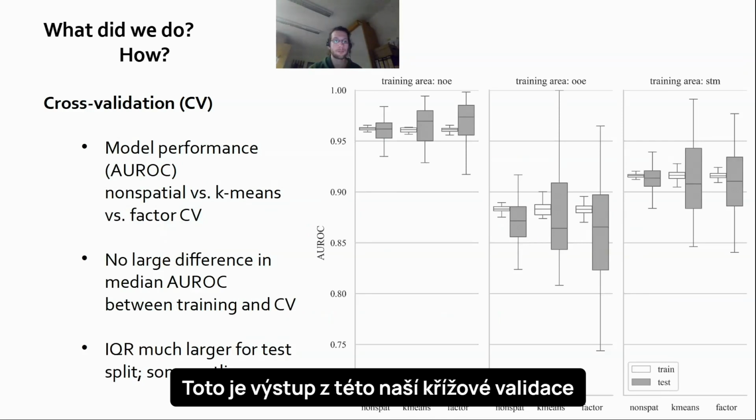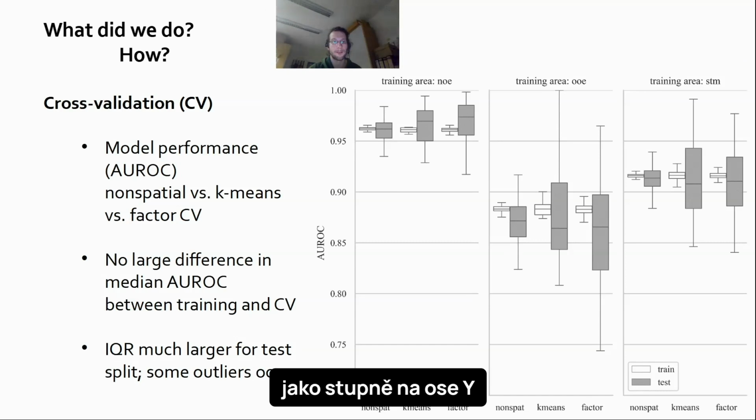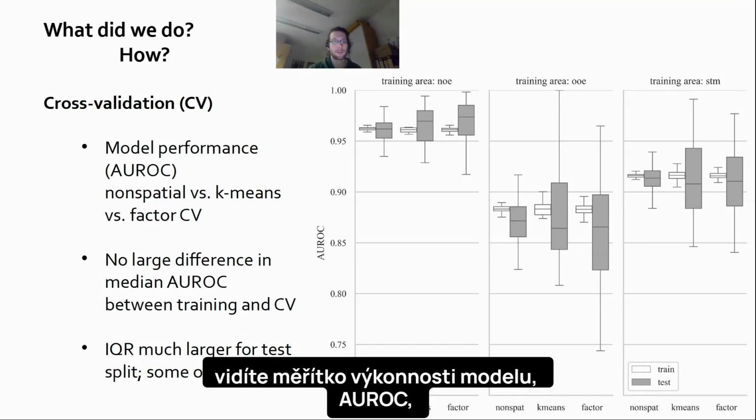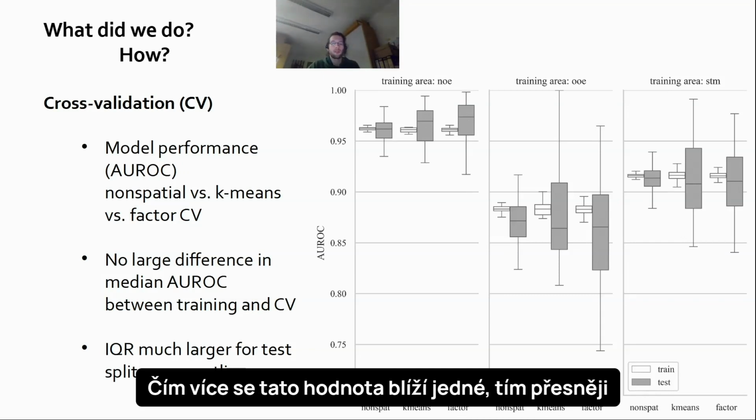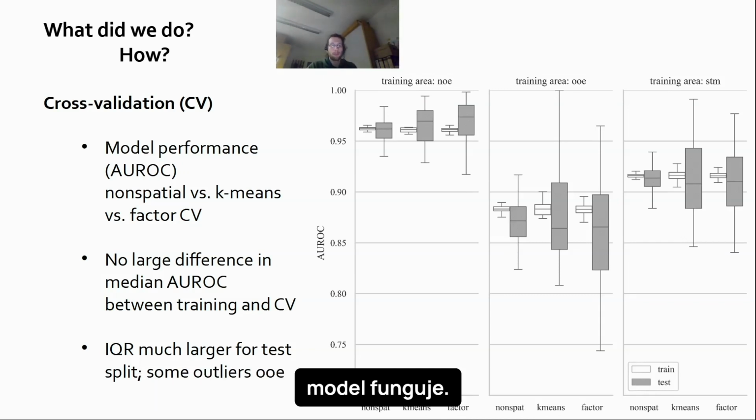So this is the output of these cross-validation steps. On the y-axis you can see a measure of model performance, the AUROC, which we typically use. So the closer this value is to 1, the better the model performs.